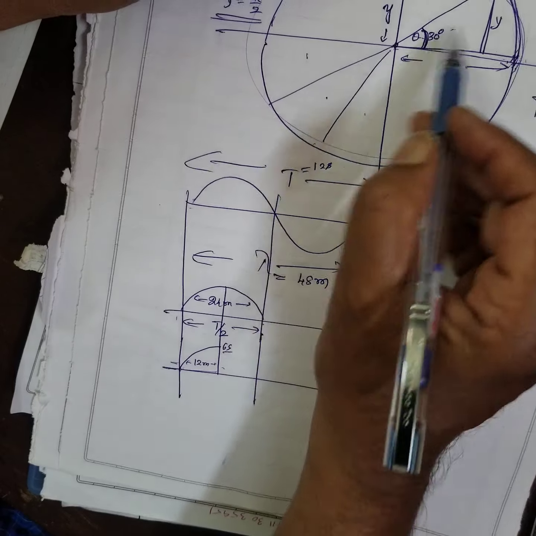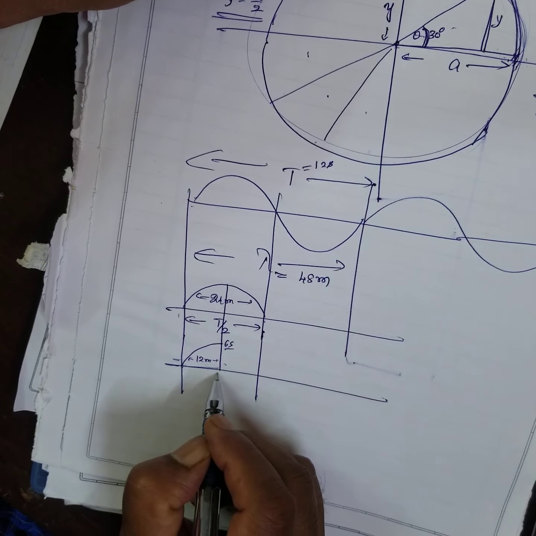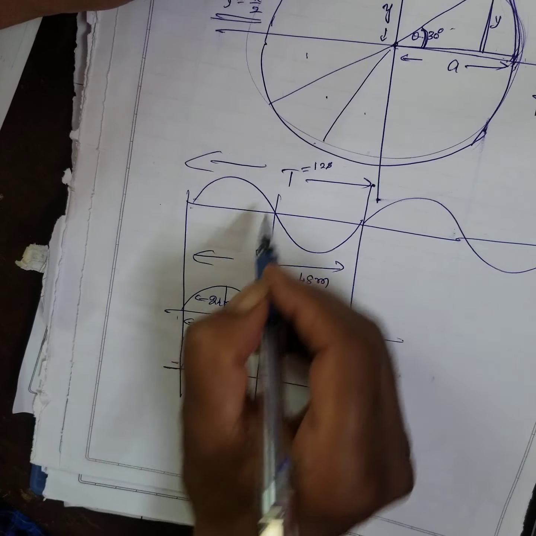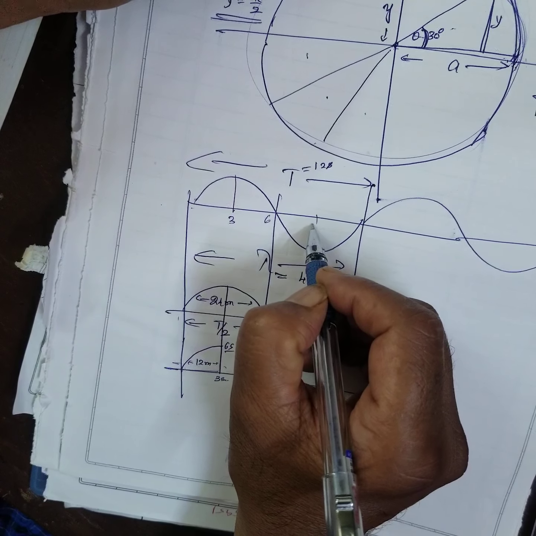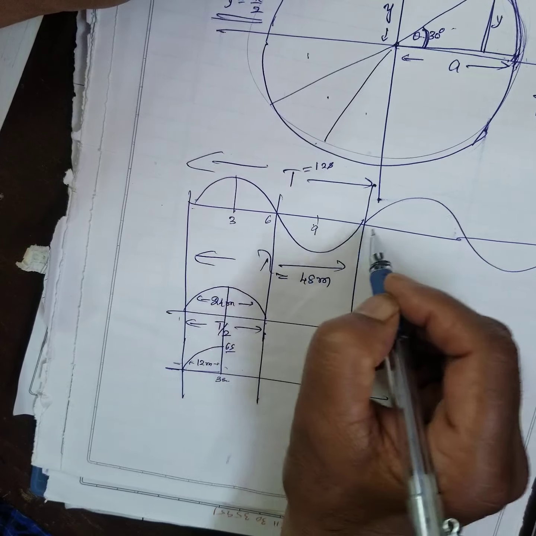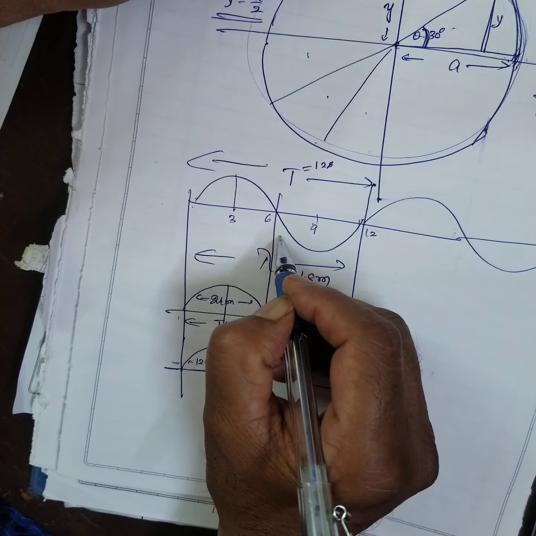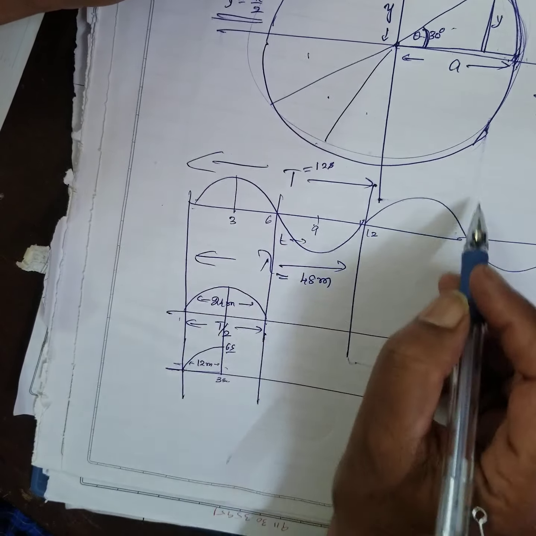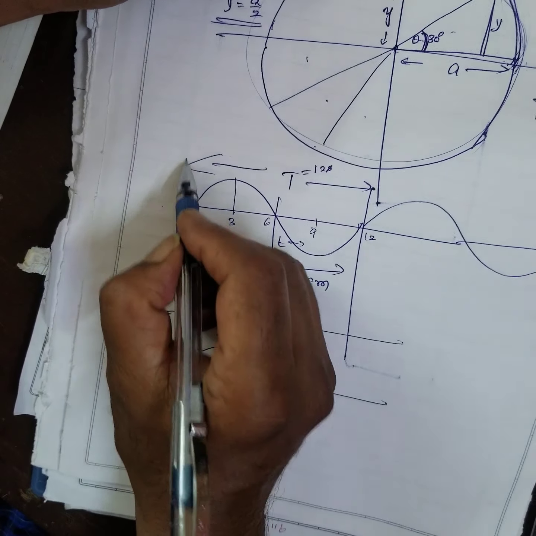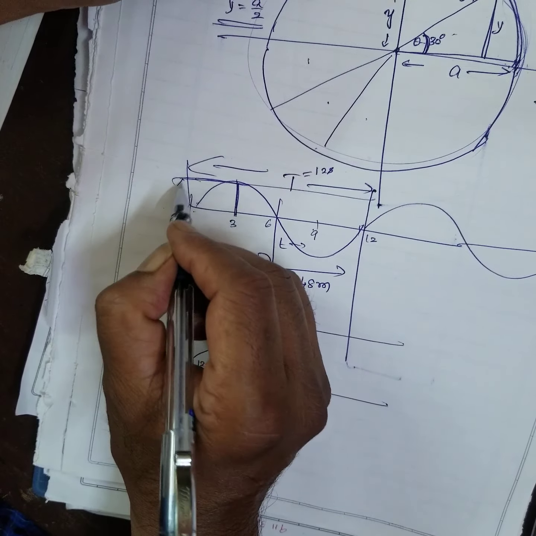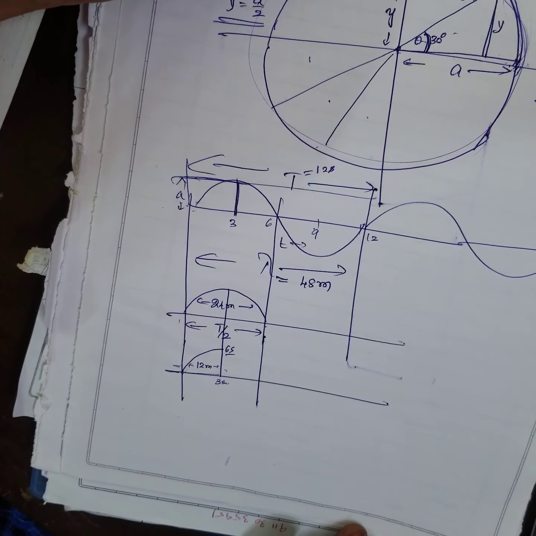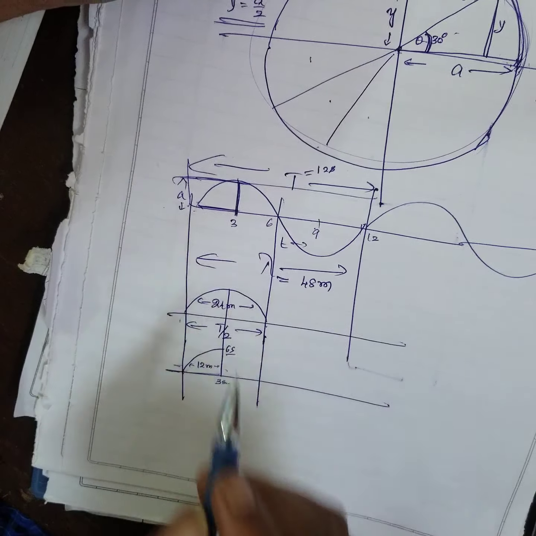That means in 3 seconds, 6 seconds, 9 seconds and 12 seconds, that is the time. You have to have your own imagination. And what is the height? This is the amplitude. Right?